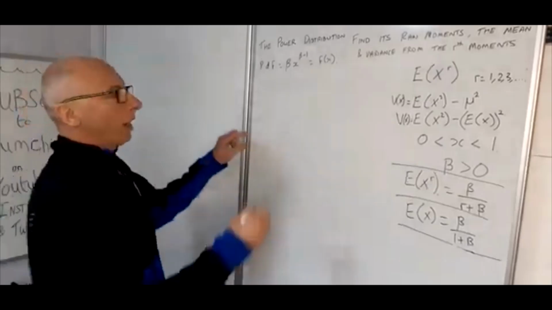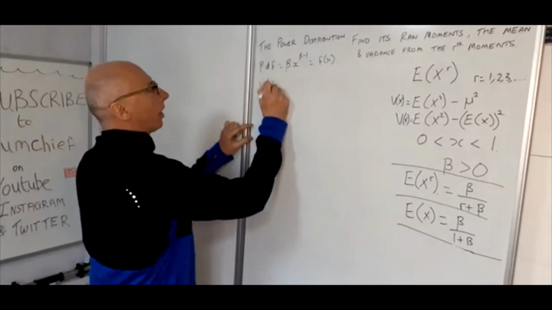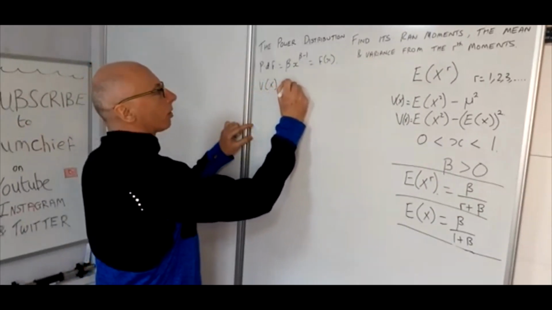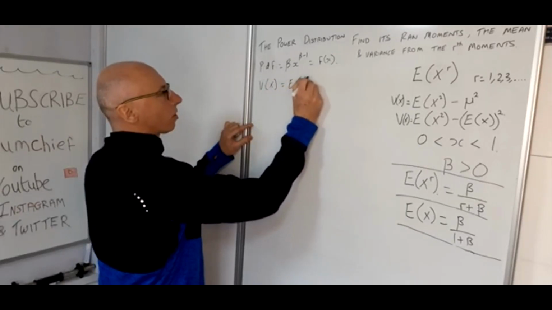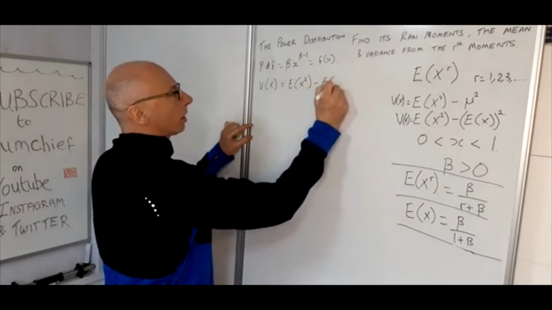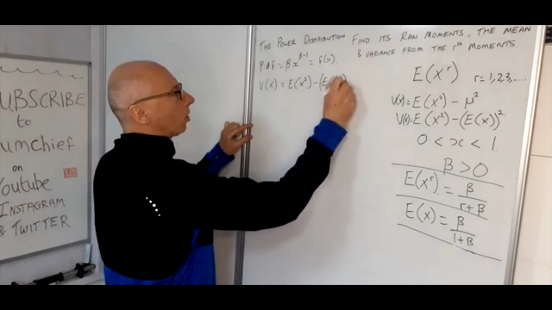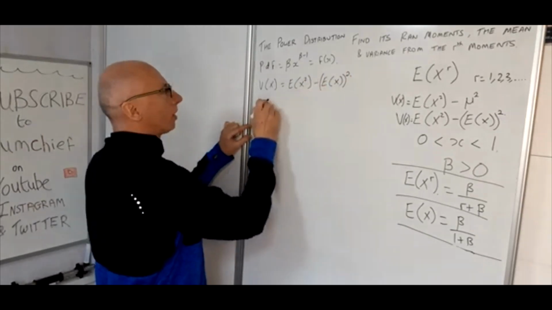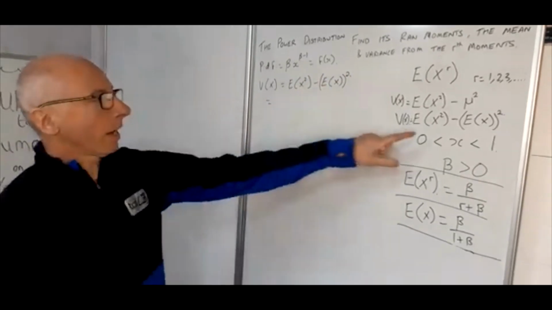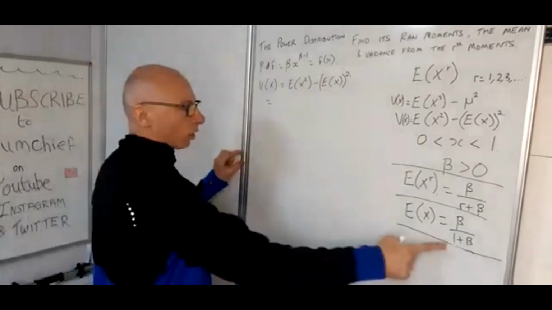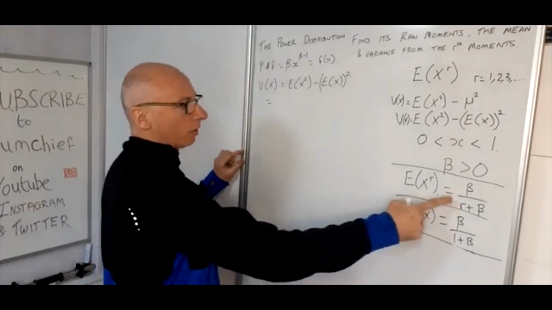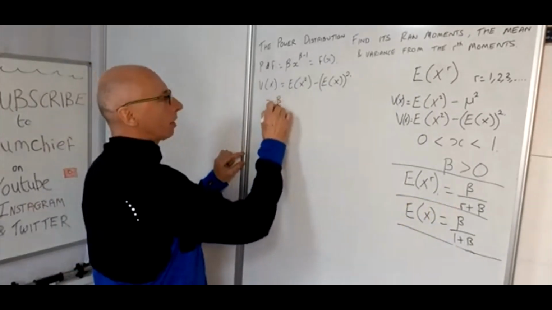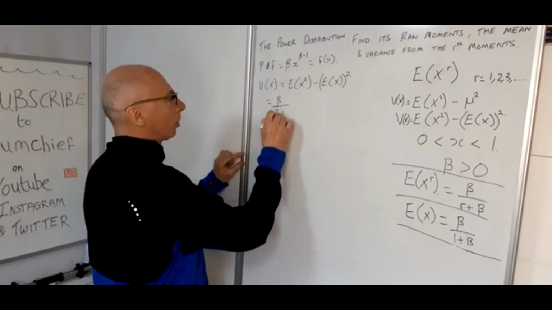Okay, so let's calculate our variance. Variance of X equals E of X squared minus E of X all squared. So E of X squared, that's just because we're plugging in a 2 for our r. So that's beta over 2 plus beta.